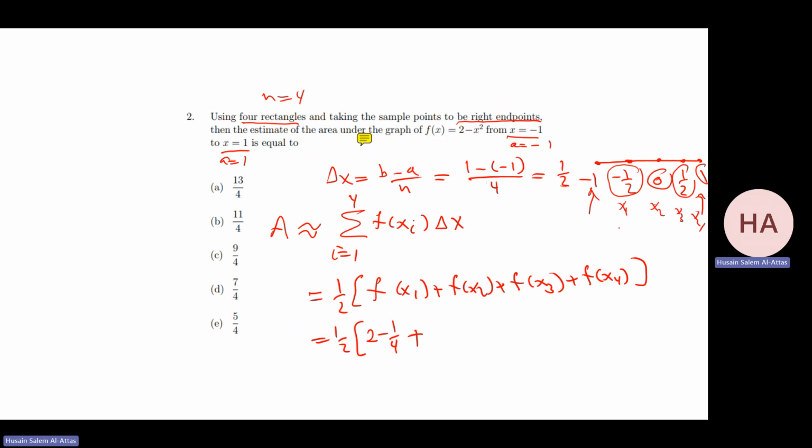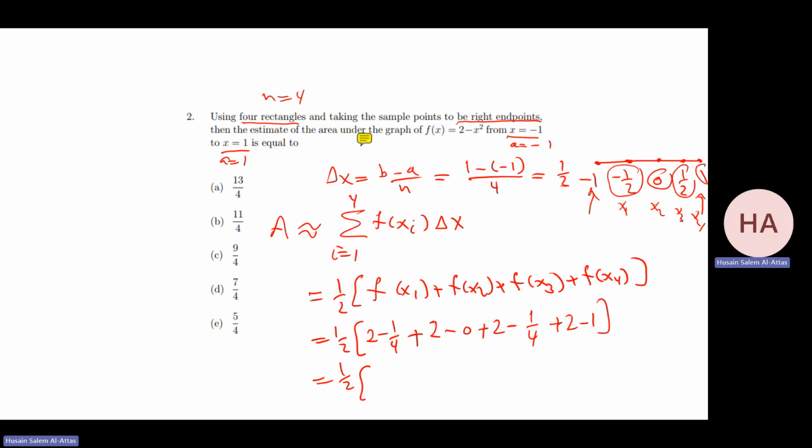Okay, f of x2 will be 2 minus 0. Let me make it 2 minus 0. Plus 2 minus half squared, which is 1 over 4. Plus 2 minus 1, okay, that will be half.